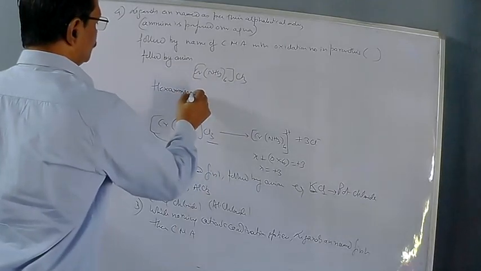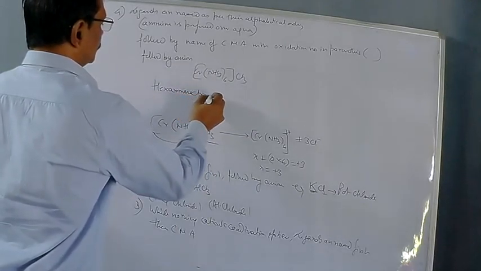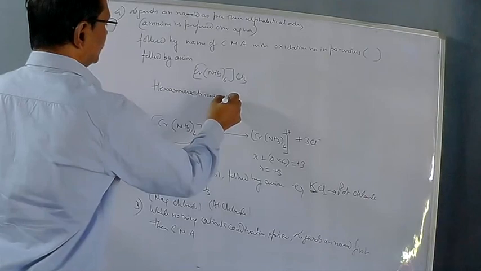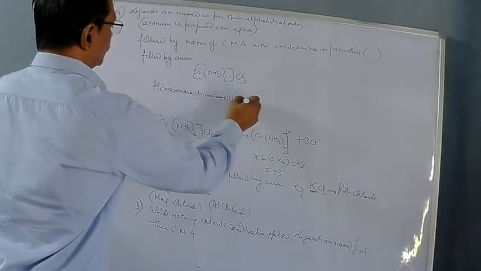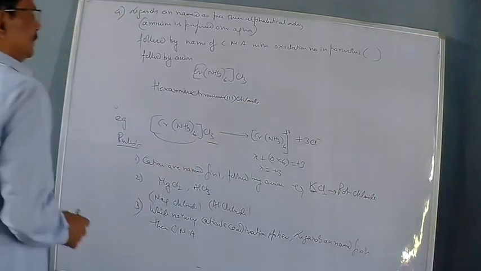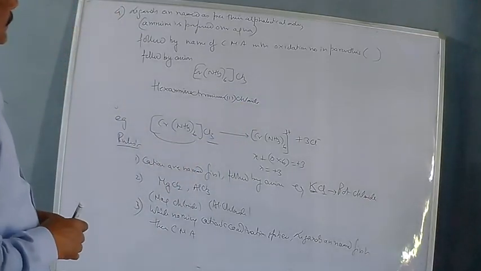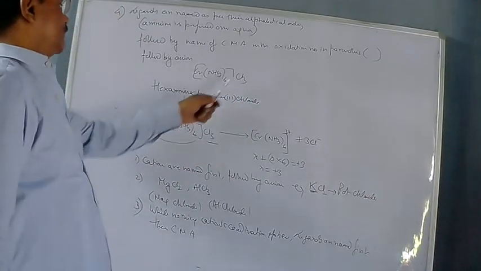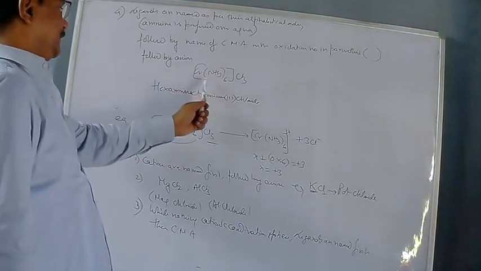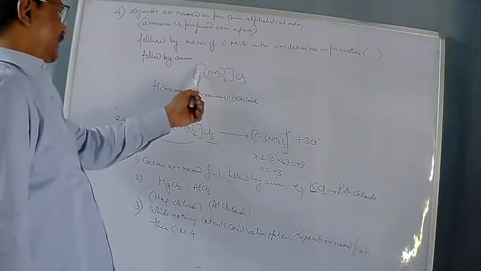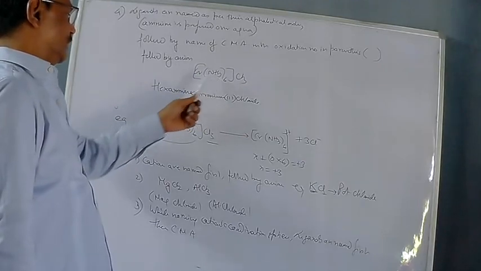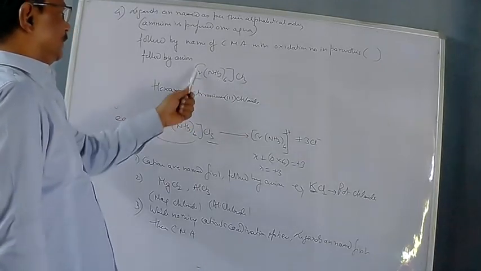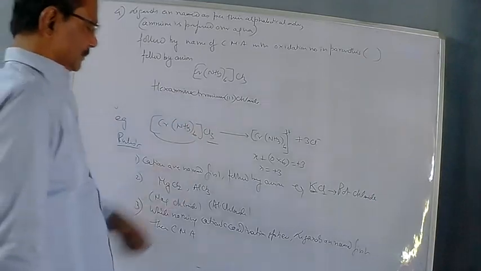Hexaammine, chromium, C should be small. Chromium, and then followed by oxidation number in parenthesis, and then finally chloride. So this is the way you can write the name of a cationic complex. First, you tell about the cationic entity. In the cationic entity, we are getting two things: ligand followed by central metal atom. Ligand is ammonia, 6 ammonia, hence the name hexaammine chromium(III) chloride.